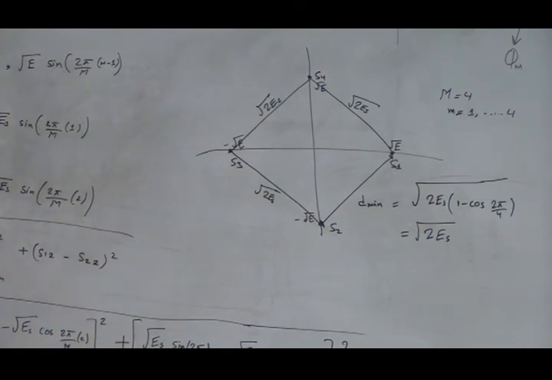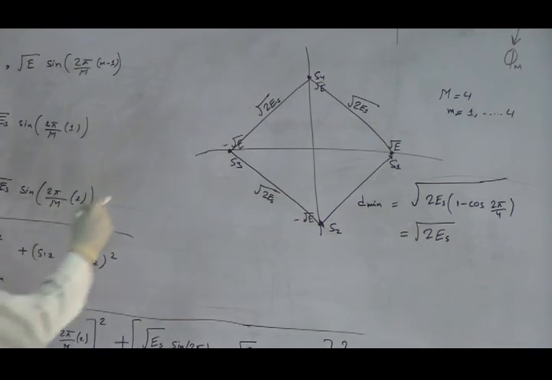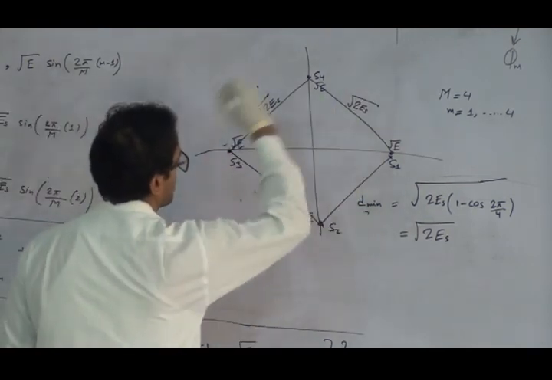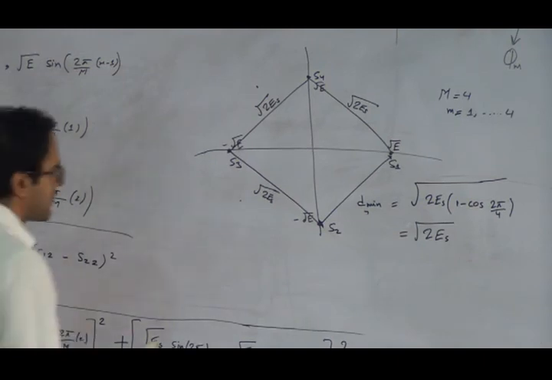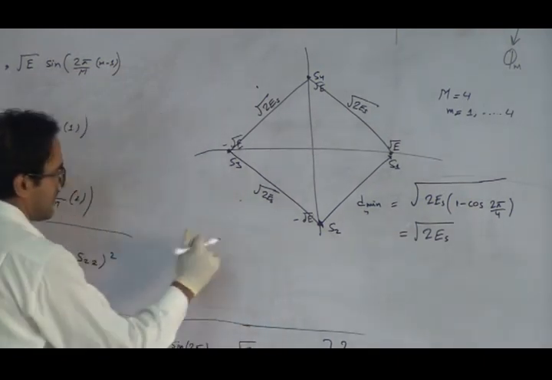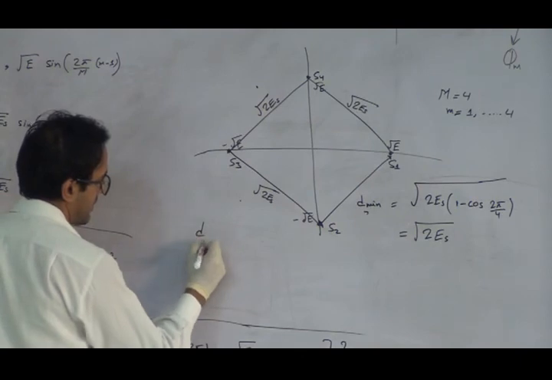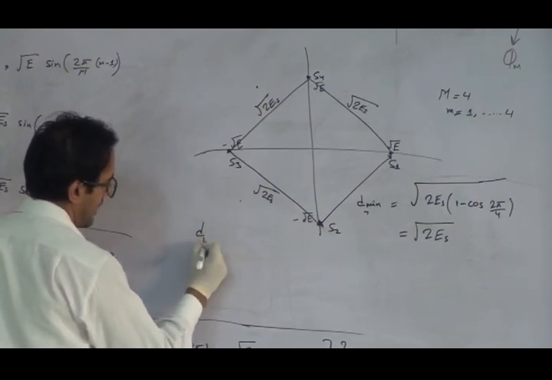In general, if I ask you to find out the distance between any two signal points, assume we have more signal points, right? So in general, if I ask you to find out the distance between any two signal constellation points, let's call it DKM.